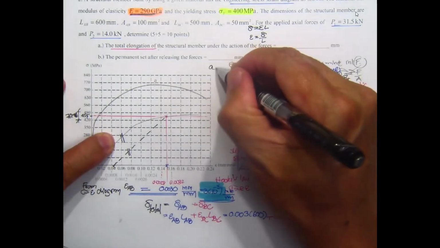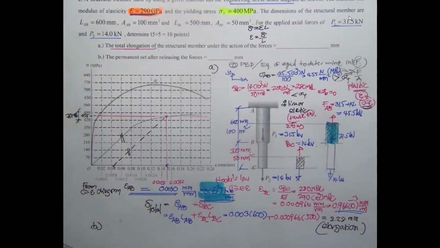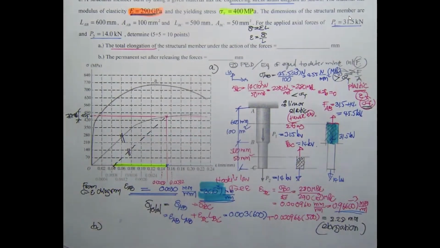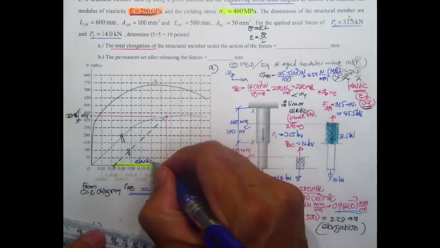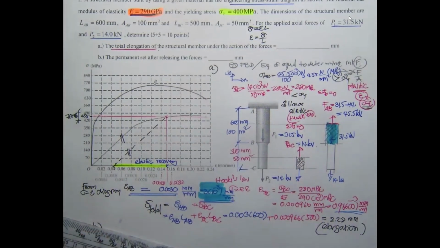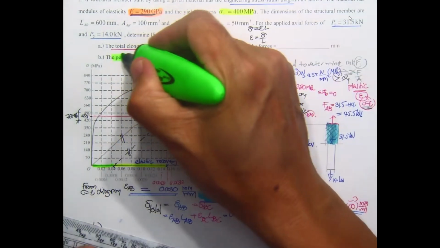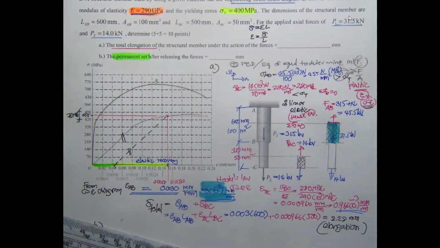This is going to be A, this is going to be B, linear portion. And then this is going to be the elastic recovery, and then another portion over here is going to be our permanent set. The green is going to be our permanent set.